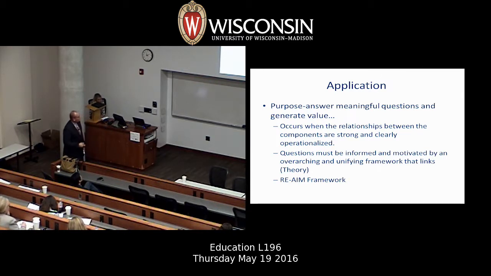Questions must be informed and motivated by a unifying framework or theory, okay? And again, frameworks, I prefer more framework as milestones, as beacons, as benchmarks to kind of think about what we need to be touching on in big components. I think sometimes we get way bogged down in, let's look at like social cognitive. How many social cognitive theories do we have? Self-efficacy, hope, locus of control.